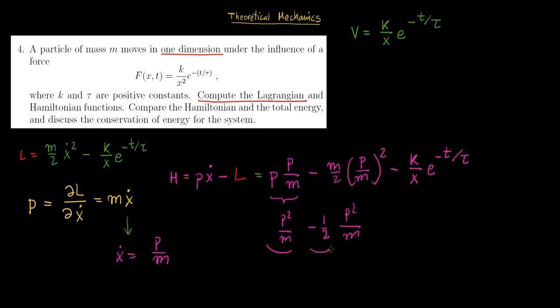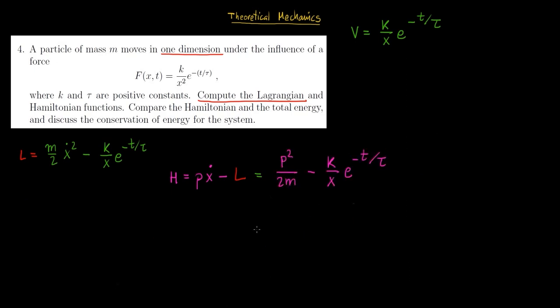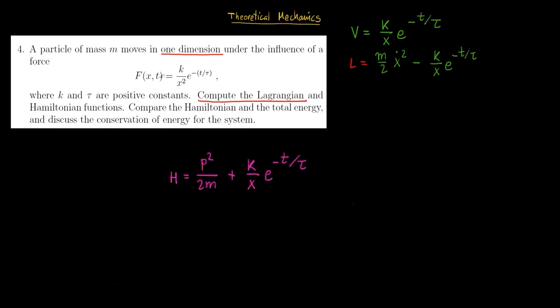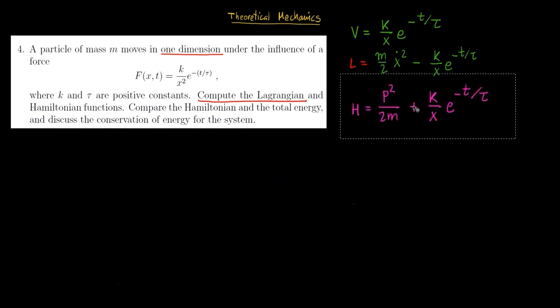So 1 minus a half is equal to a half, p squared over 2m. So the Hamiltonian will be p squared over 2m minus this. Oops, sorry, this must be a plus sign, because of this minus with this minus is plus. Sorry. So we have the Lagrangian, we'll put it here. Let's move the Hamiltonian to this position.